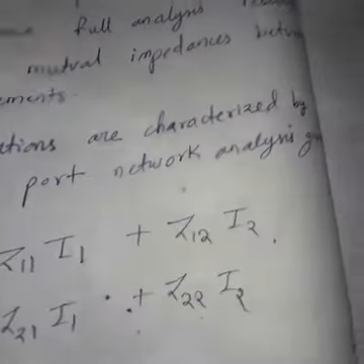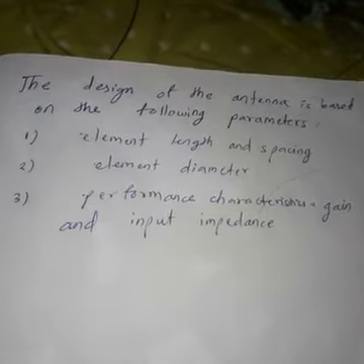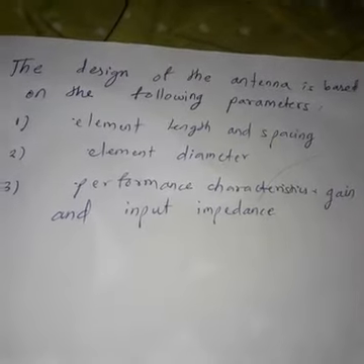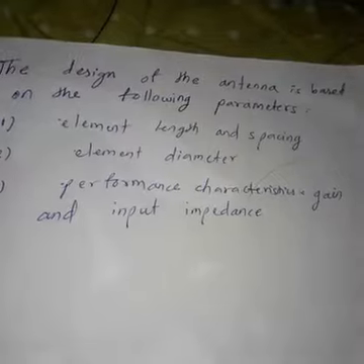Okay, now let us look at the design of the antenna. So the design of the antenna is based on the following parameters: length and spacing of the elements, diameter of the element, and performance characteristics such as gain and input impedance.